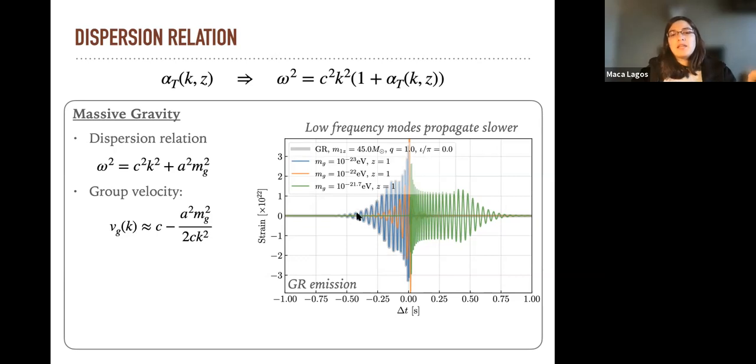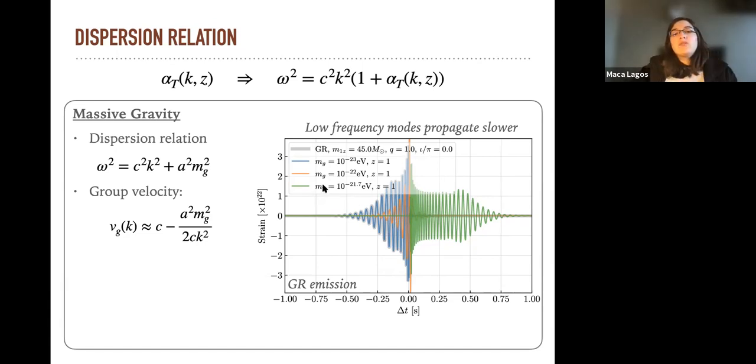So the fact that low frequency modes propagate slower means that the inspiral part of the signal, these first few oscillations, arrives later than what you would expect in GR. So that's why you see the overall signal squeezing.